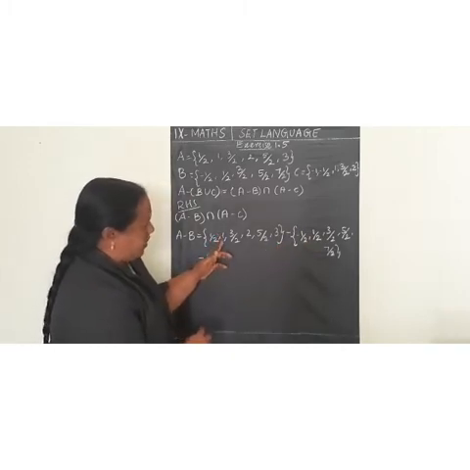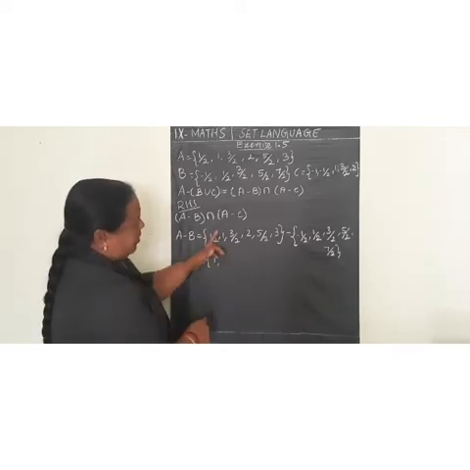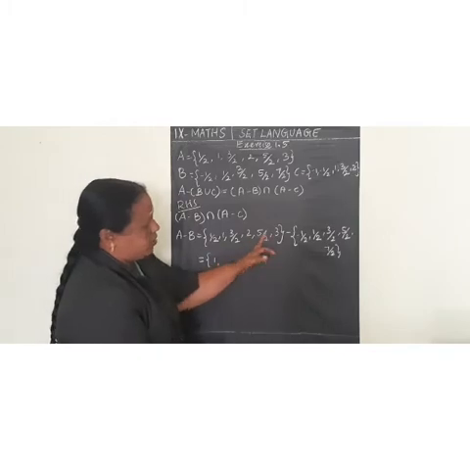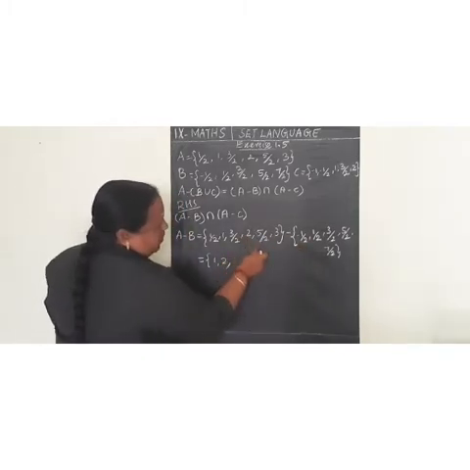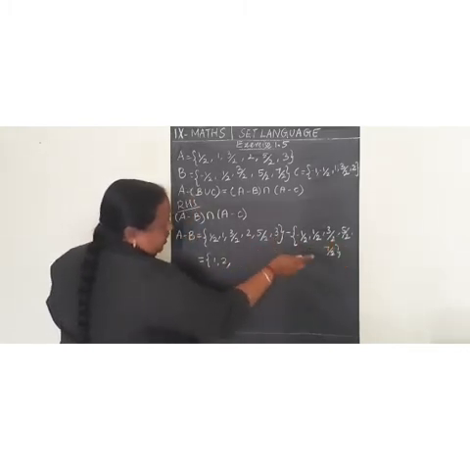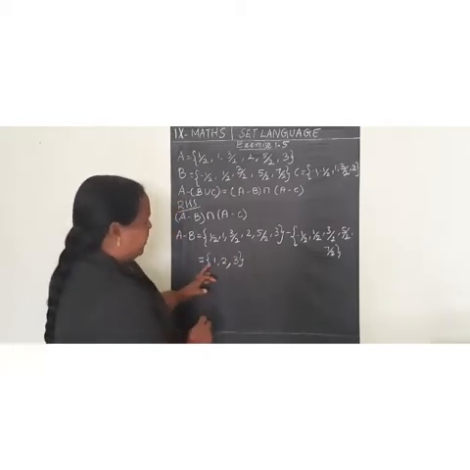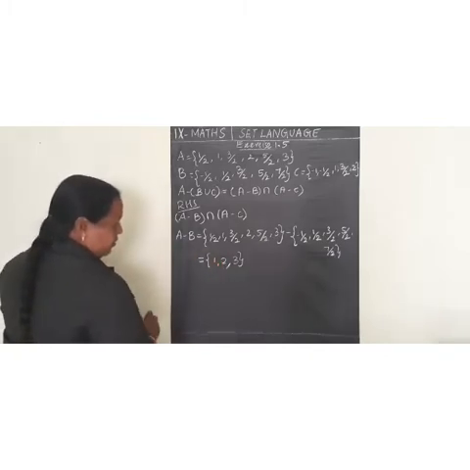Next element is 1, not present in B, so we write 1. Next element is 3/2, present there. Next element is 2, not present there, so we write 2. Next element is 5/2, present in B. Next element is 3, not present there. So A minus B is {1, 2, 3}.